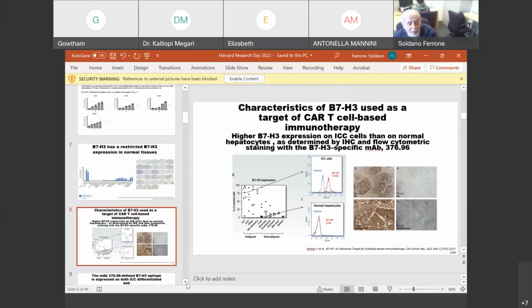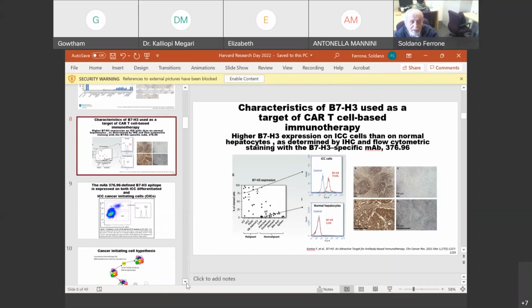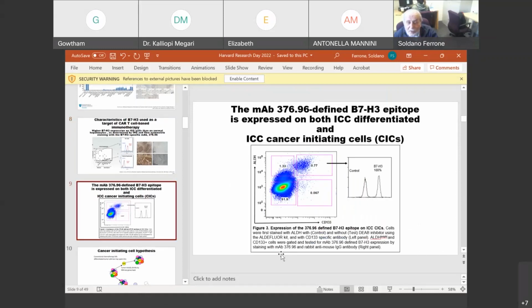Now, another important characteristic of B7H3 is that it's expressed not only on differentiated tumor cells, but it's expressed also on cancer-initiating cells. And the next slide shows that the cancer-initiating cells express a high level of B7-H3.